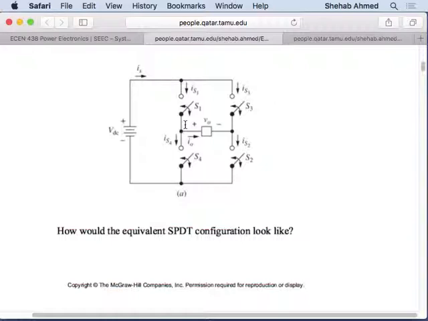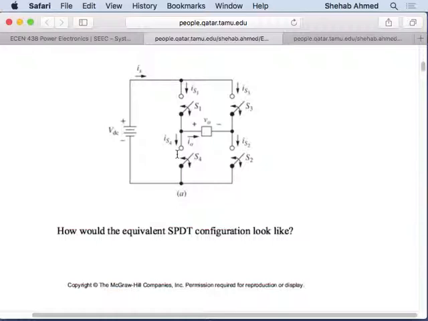Complementary is a nice thing when you talk about digital circuits, right? But everything has a time to respond. By the time you turn off S1 and turn on S4, there's a time involved. So how close do you do that? Do you turn on S4 before you turn off S1 so that you ensure there's no gap at all?